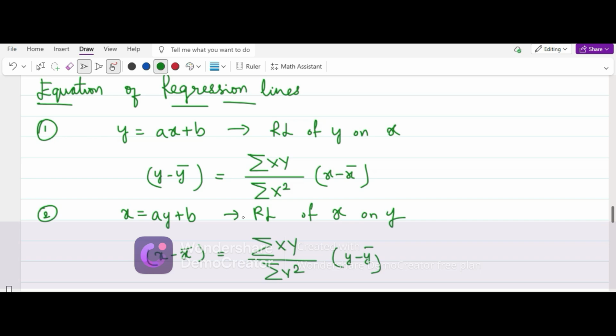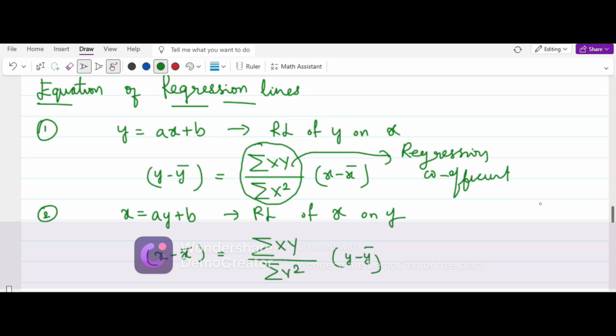So look at this. This is the regression coefficient. The entire thing is the regression line of y on x, and this is the regression coefficient of the regression line y on x.